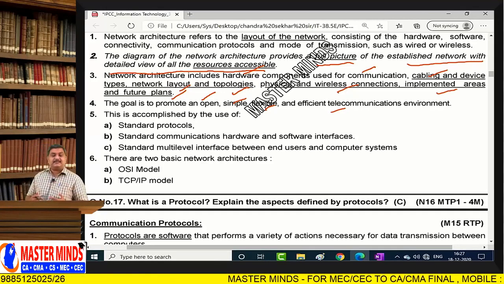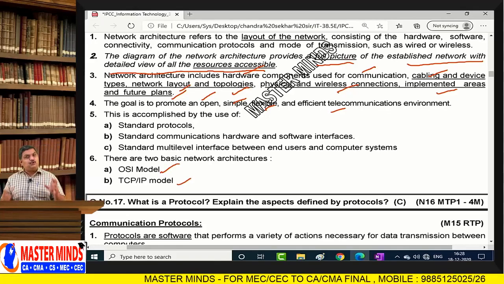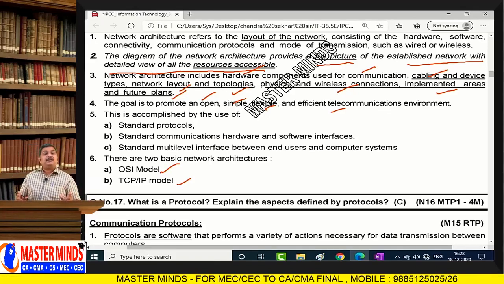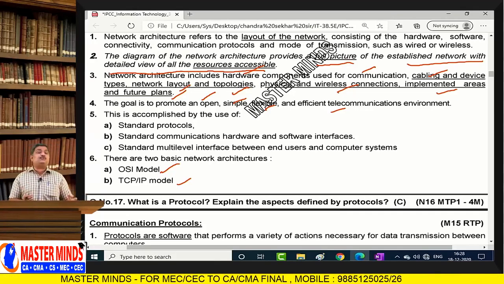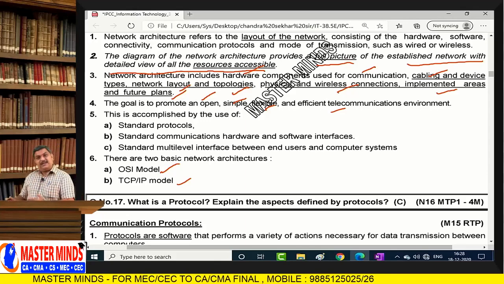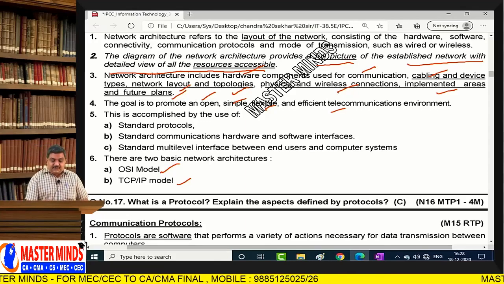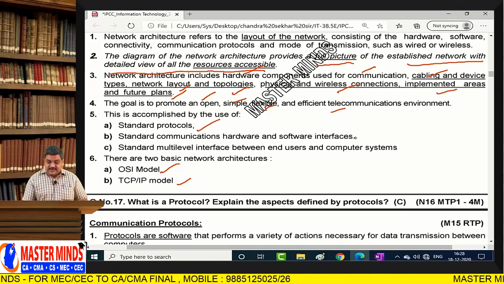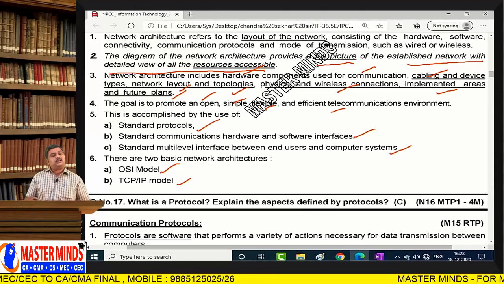So there are two types of things like that, OSI model and TCP/IP model. These are the two basic models which tell you how networks operate or how data moves from one place to another place. What is the procedure? And we have to use standard protocols, standard hardware and software, and interface end users and computer systems.